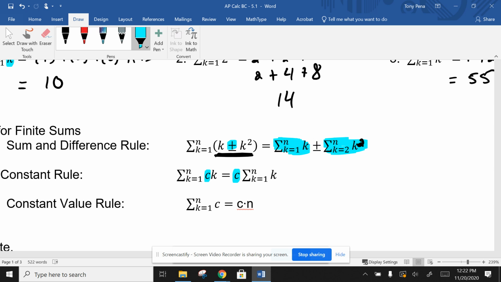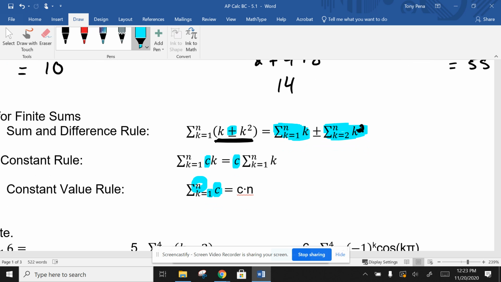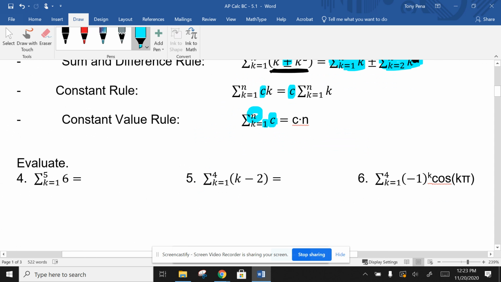Okay, so we can pull a constant out if we want to. And then our constant rule is, if my general term is a constant, so long as I'm starting at 1 right here, then my sum is just the product of whatever that constant term is and whatever that upper limit would be. All right. So we'll do some of those now, starting with the constant rule.